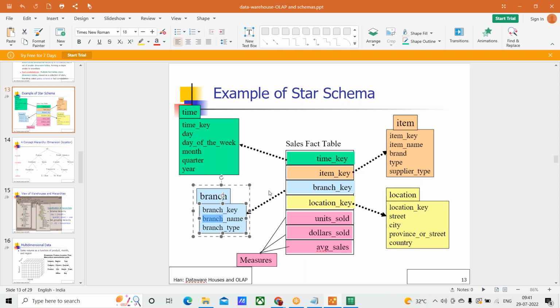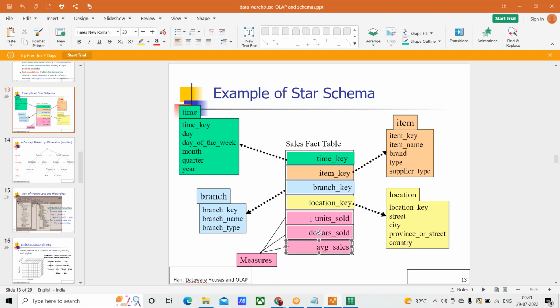That is the reason every table will have its own primary key, and all those keys will be mentioned in the fact table. Why? Because if you want a meaningful report, we need to join them with these dimension tables, and all the facts will be mentioned in the fact table. What are those facts? Item price, quantity sold.